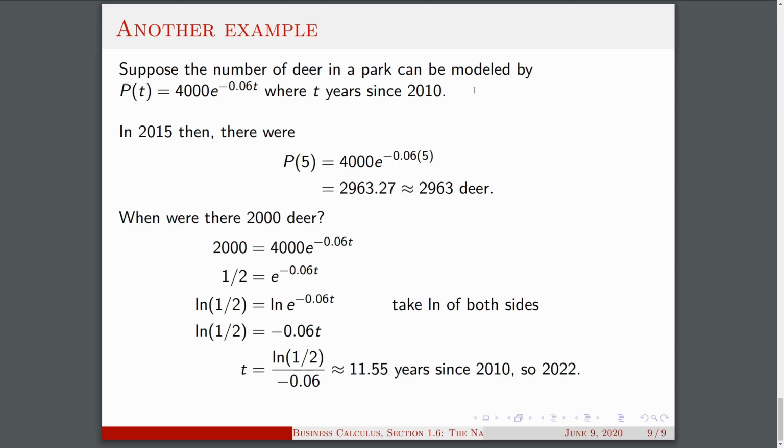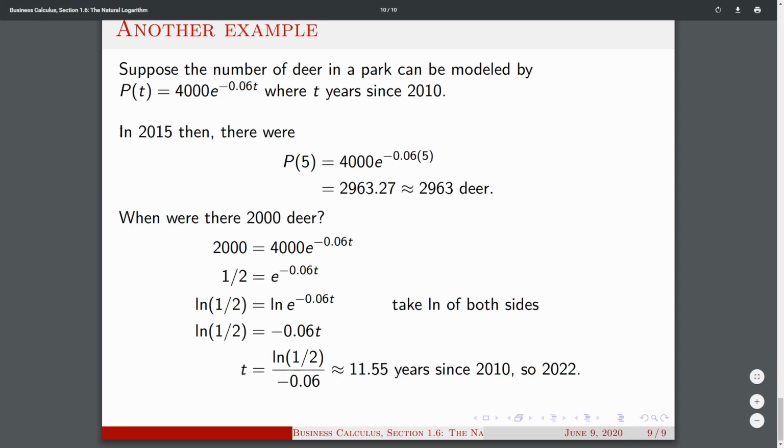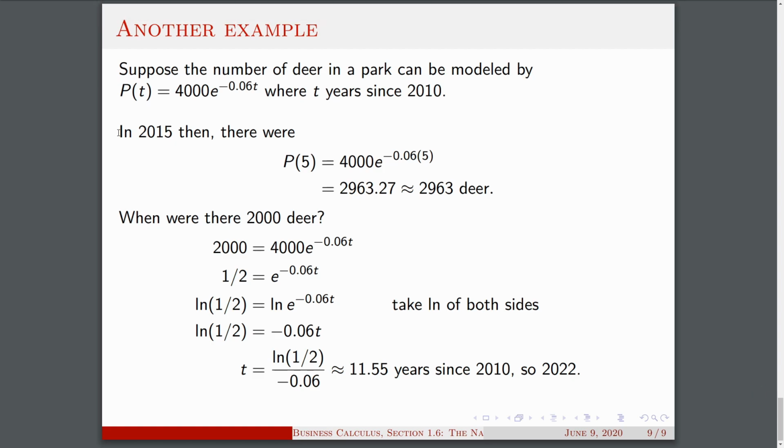All right, so here's the solution all at once. I could put a few more breaks in here, but I hope you're okay with that. All right, in 2015, can we figure out how many deer were in the park in 2015? Well, 2015, that's 5 years after 2010.